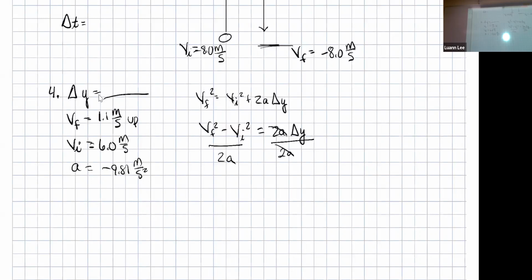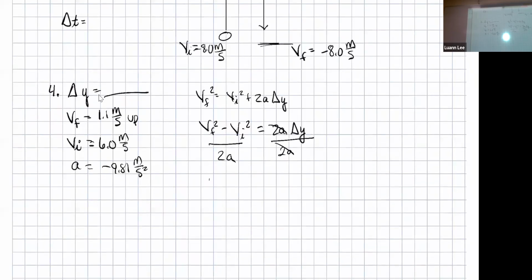Okay, so then we plug some numbers in here, and we have the 1.1 meters per second, and we're going to subtract, oh, that's going to be squared. I'm going to subtract VF or VI.